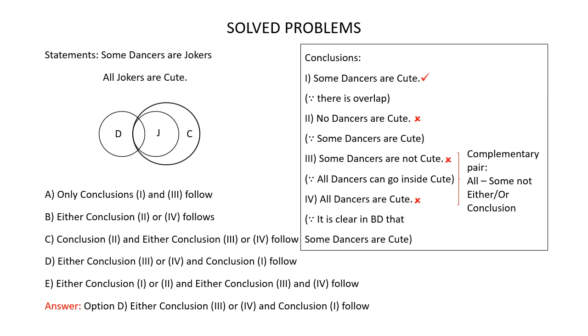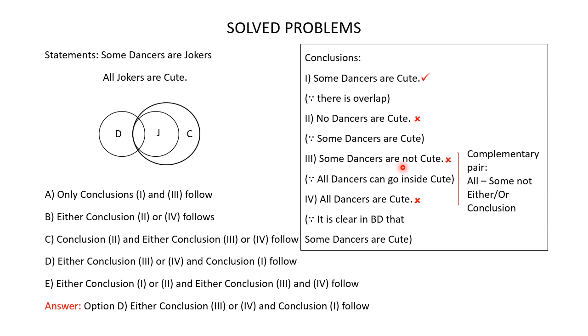Now, as you can see here, only conclusion 1 follows. But before you mark the answer as only conclusion 1 follows, check if there are any complementary pairs here. Now, as you can see here, conclusion 3 and conclusion 4 form a complementary pair because of the following reasons.